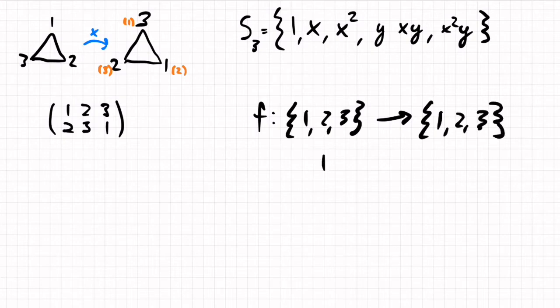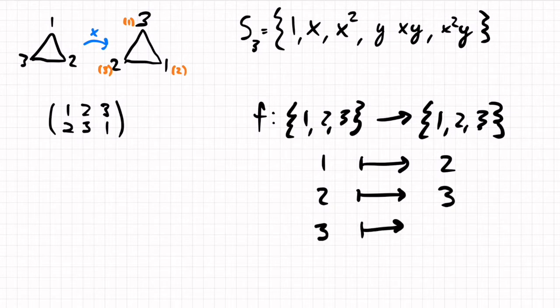Then we have 1 goes to 2, 2 goes to 3, and 3 goes to 1. And this is what we will generalize. This notation right here is a more compact way of expressing this.